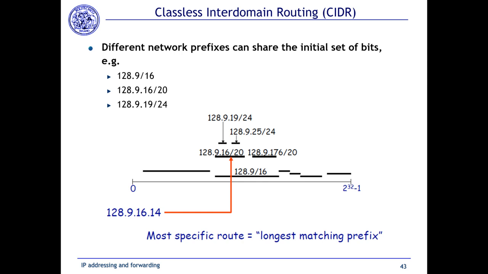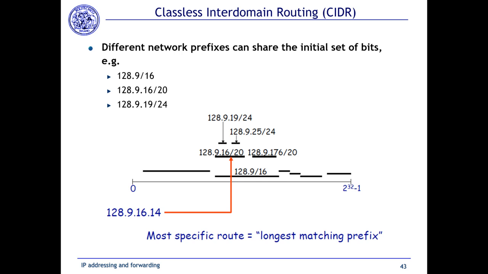Not the other two small segments, because this specific address is outside both of the other segments. In fact, here you have 9.16.14. This is 9.19, this is 9.25, so it's not matching with any of the two /24 entries, but it's matching with the /20 and with the /16. Okay.